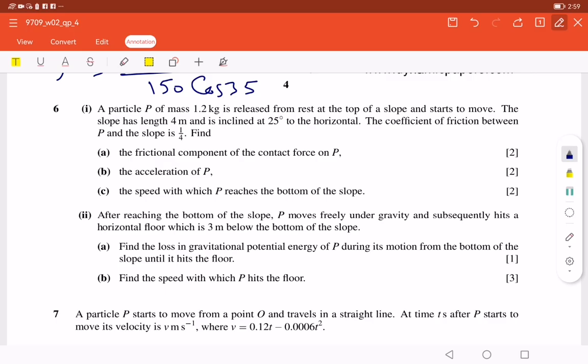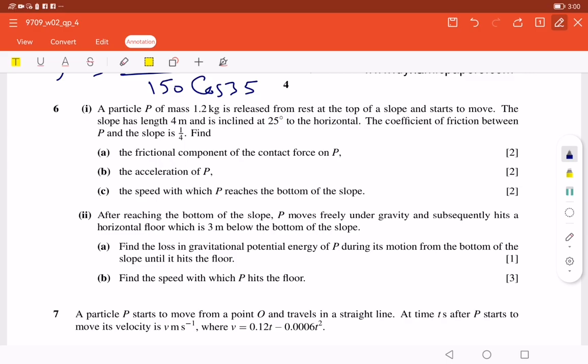Question number 6, first item, I. A particle P of mass 1.2 kilogram is released from rest at the top of the slope and starts to move. The slope has a length of 4 meters and is inclined at 25 degrees to the horizontal. The coefficient of the friction between P and the slope is a quarter.